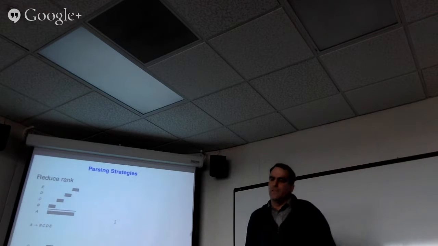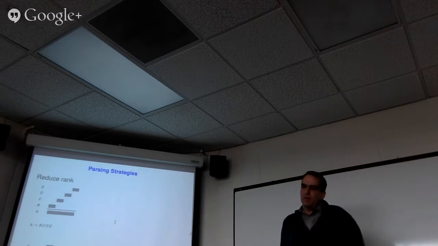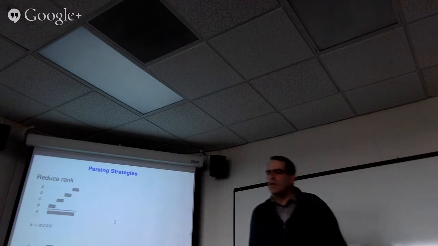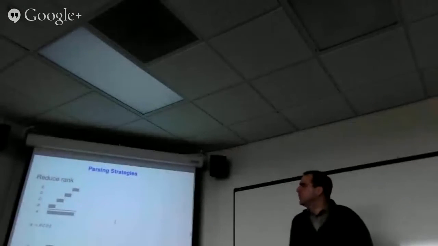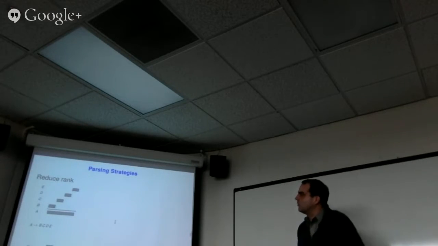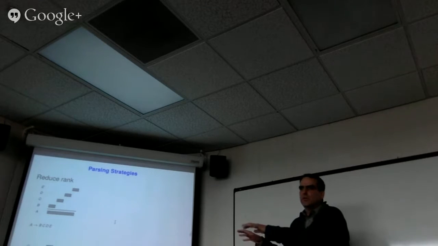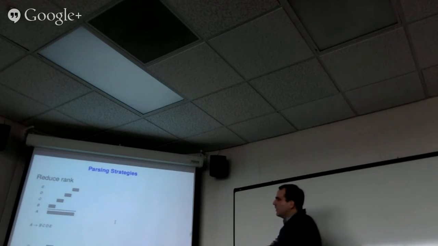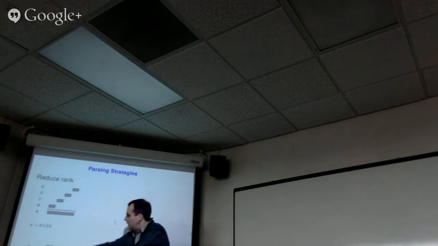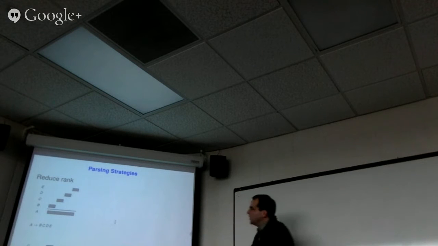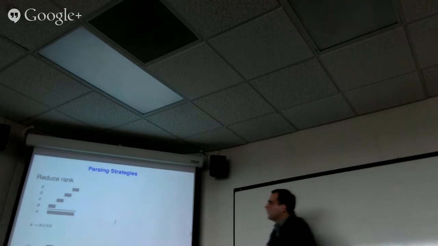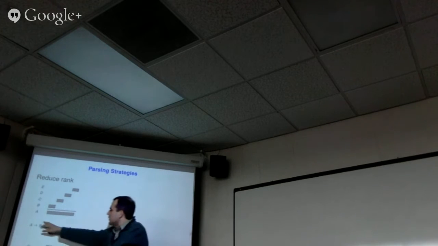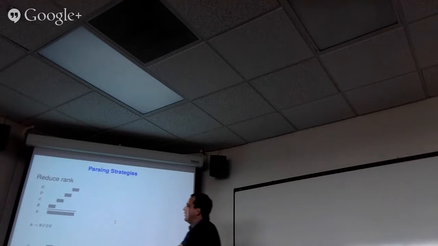So we want to parse efficiently. And when you parse, if you want to parse a context-free grammar efficiently, the first thing you do is transform it into Chomsky normal form. So Chomsky normal form means rank 2, 2 symbols on the right-hand side of each rule. And this is what taking a rule and converting it into Chomsky normal form looks like in terms of these pictures. So you had a context-free grammar rule with 4 non-terminals on the right-hand side.